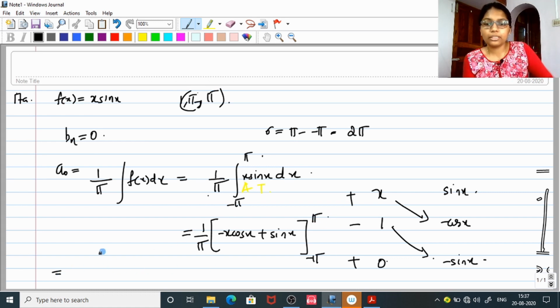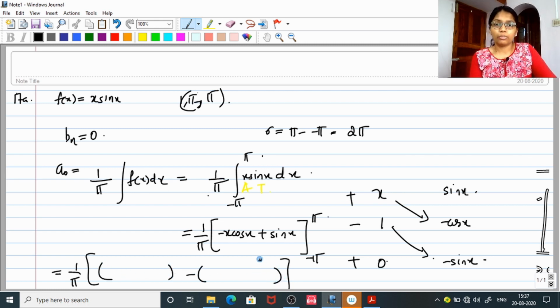And before your limit substitution, please have big brackets inside which you draw two separate brackets, one for the upper limit and one for the lower limit. Substitute pi for x. It is negative pi cos pi plus sin pi, minus, where negative pi is given for x, so negative of negative pi is pi into cos negative pi plus sin of negative pi.